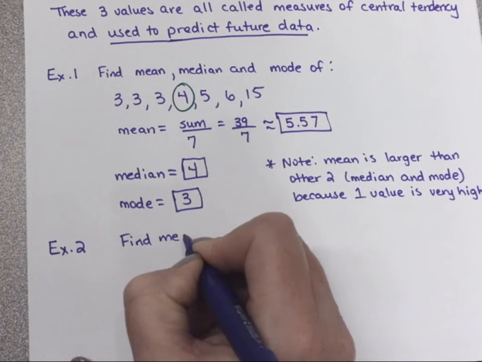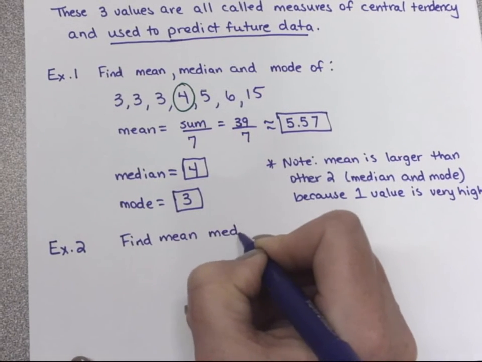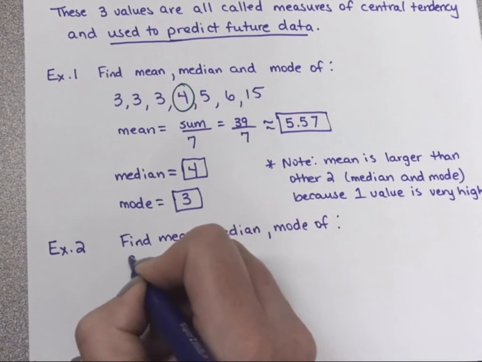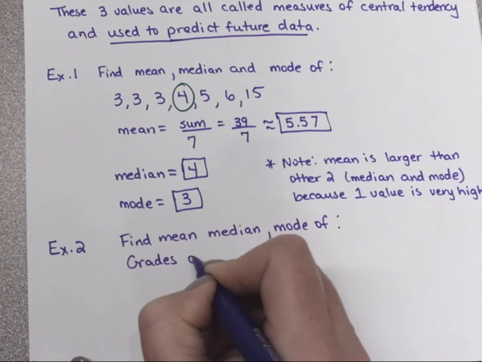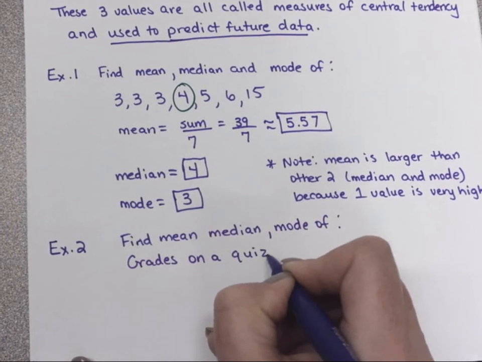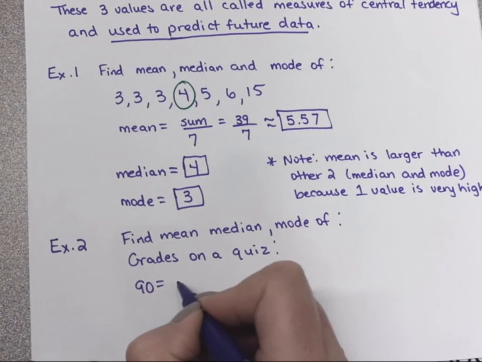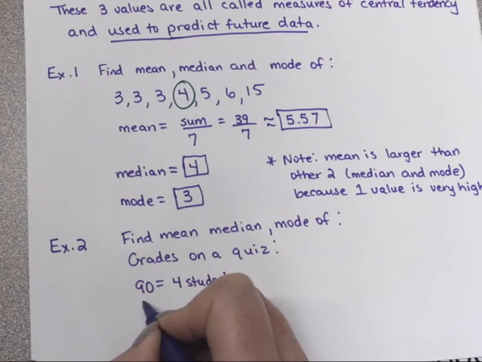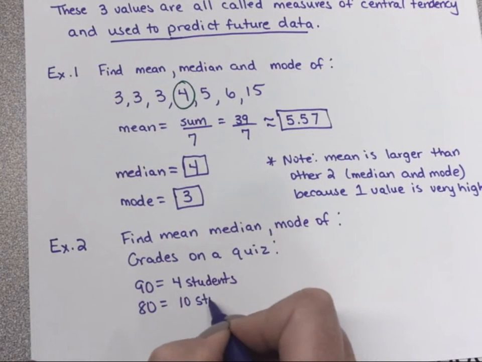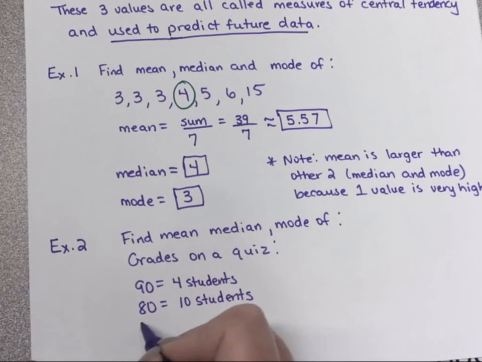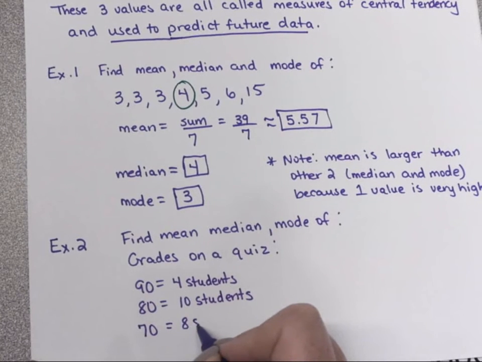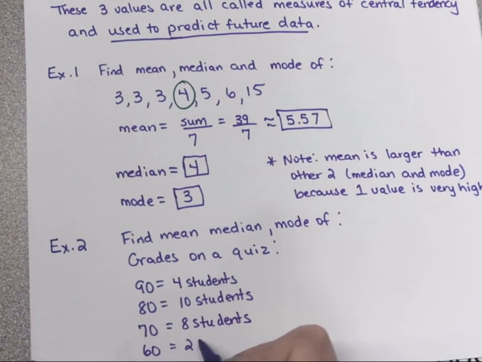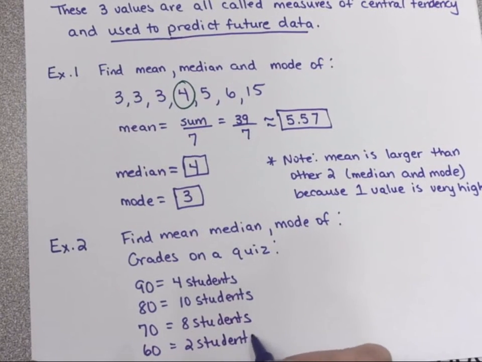Find the mean, the median, and the mode of, let's say that I gave a quiz where these were the grades. 4 students got 90s, 10 got 80, 8 got 70, and let's say that 2 got a 60, and that's it. Nobody scored lower than that.